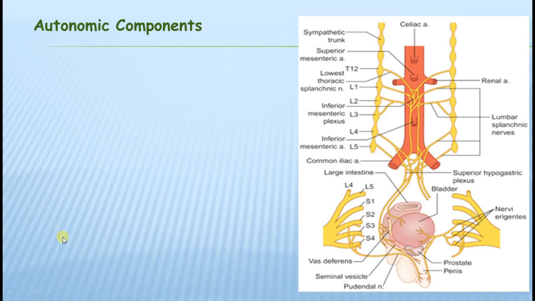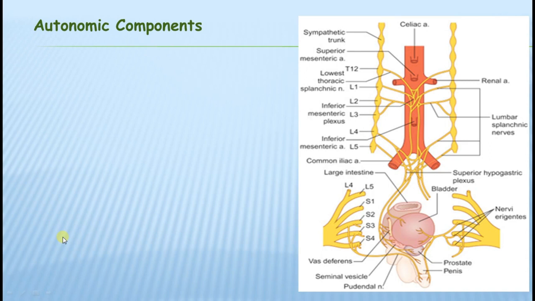The 5 branches confined to the pelvis are the pudendal nerve, one of the most important nerves, then the nerve to levator ani and coccygeus, the nerve to piriformis, and the pelvic splanchnic nerves S2, S3 and S4.